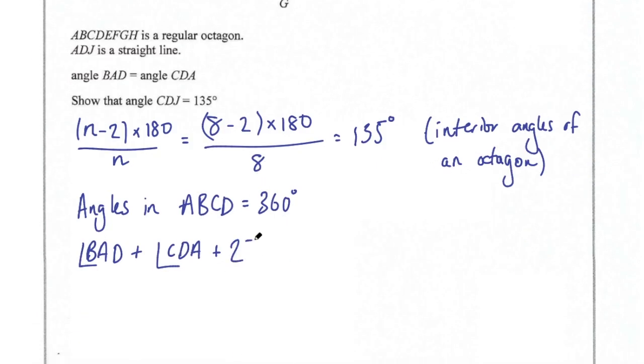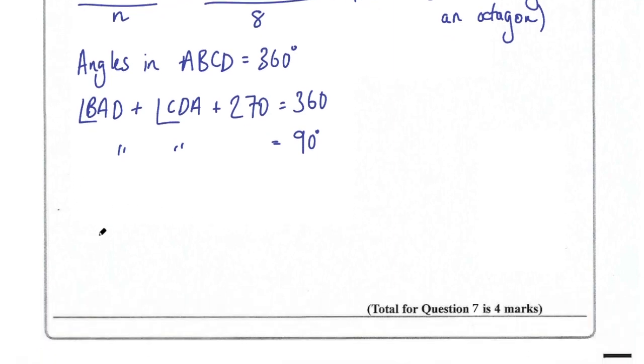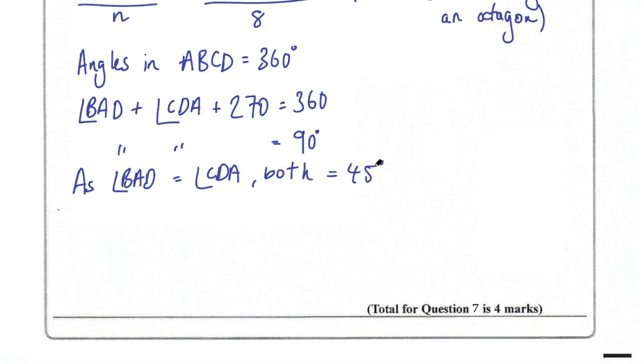So we can say plus 270 equals 360. So these added together equals 360 minus 270, which is 90 degrees. So as they're equal, as angle BAD equals angle CDA, both equal 45 degrees.